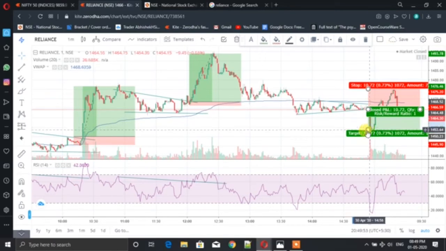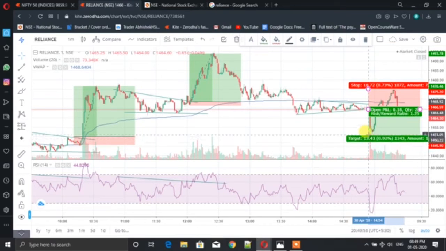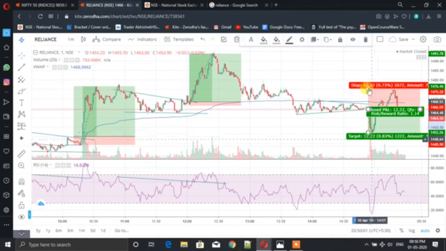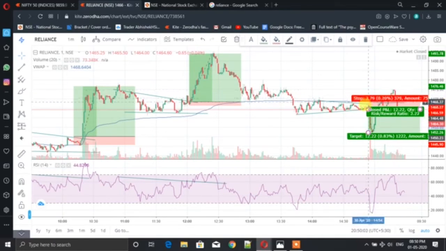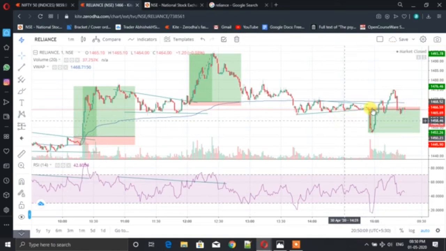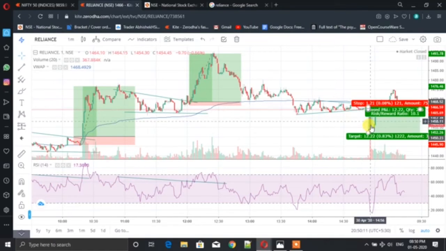Yeah, that's right. So you can see 12 points with a tight stop loss of 1.21, 1 rupee 21 paise, which is the breaking out candle's bottom. So 12 points with a 1 rupee stop loss.